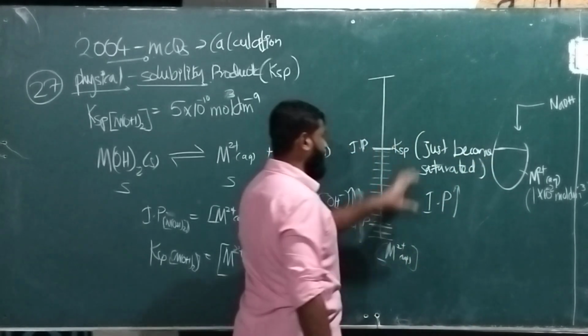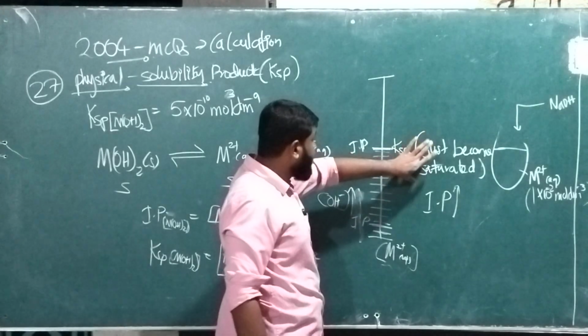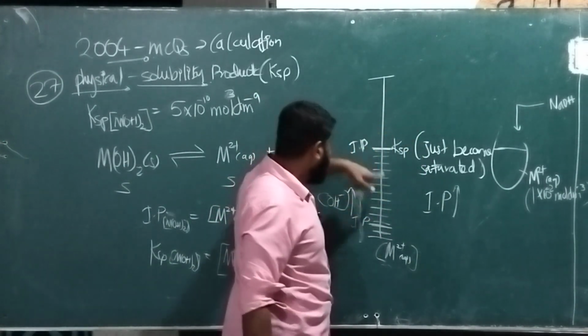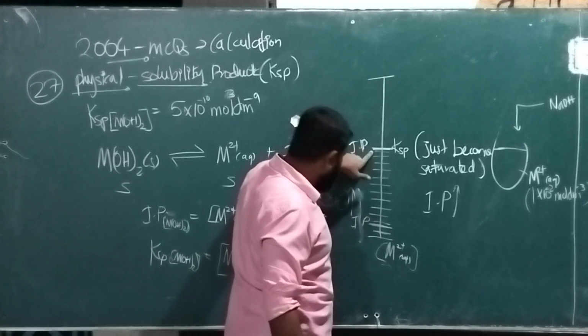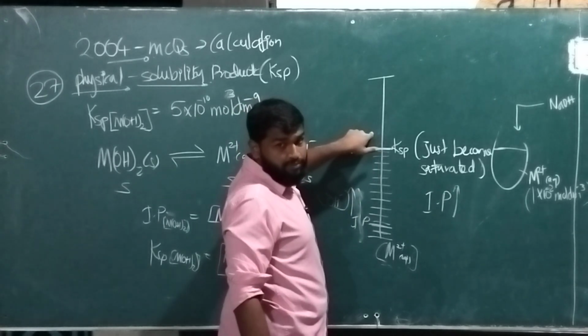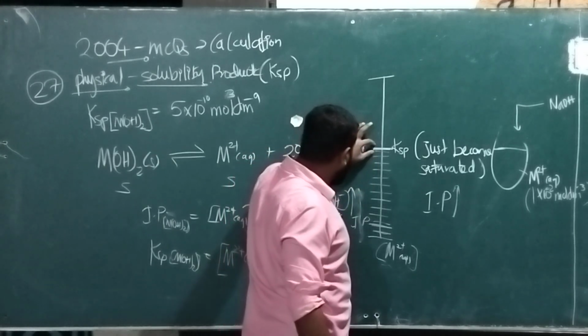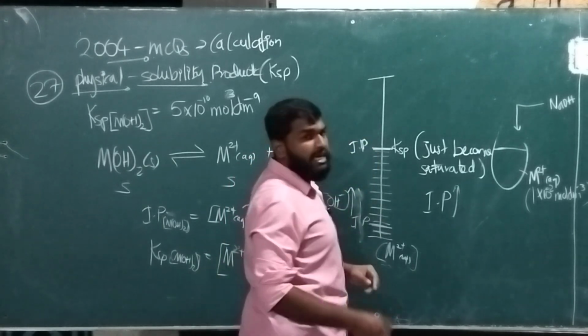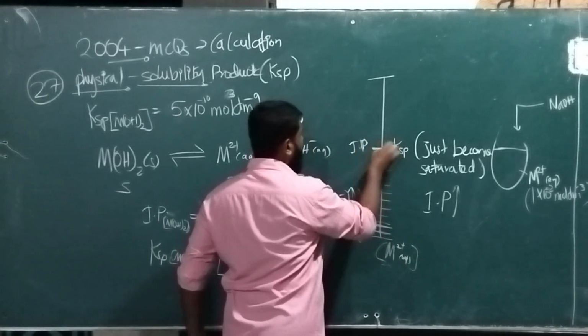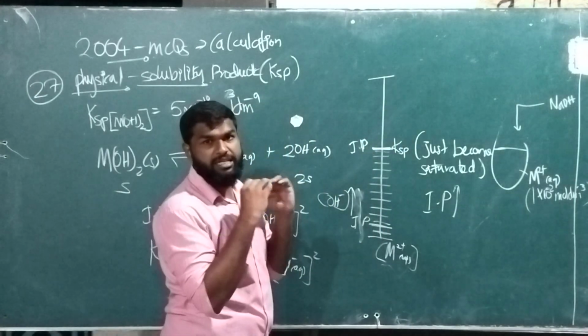If this has just become saturated, you can consider two instances: the ion product may be less than Ksp or more than Ksp. It might just start to precipitate. So I'll say the ion product has just reached the saturated state.